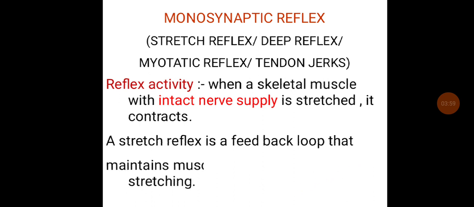The reflex activity occurs when a skeletal muscle with intact nerve supply is stretched. In response, the muscle contracts. This is called the stretch reflex. A stretch reflex is a feedback loop that maintains muscle length and opposes stretching, and hence it is very important for the maintenance of muscle tone.